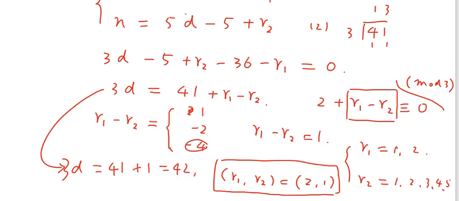Okay, so then we can find D equals 14. So D equals 12, then we can find what N is.